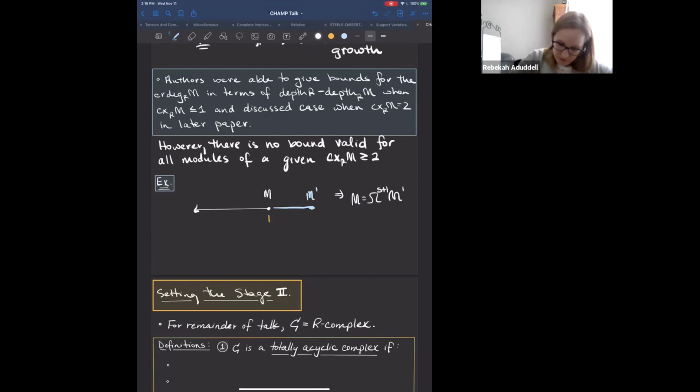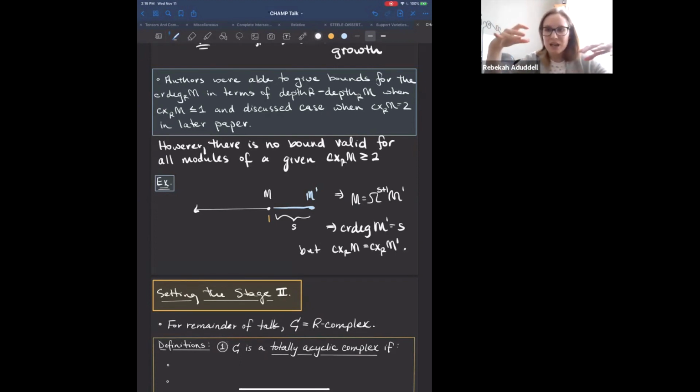That difference would be s, and so the critical degree of m prime would be s in this case. But clearly the complexity of m and m prime are the same.